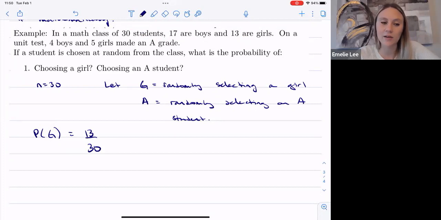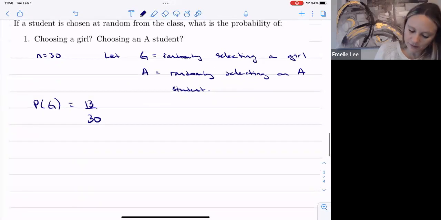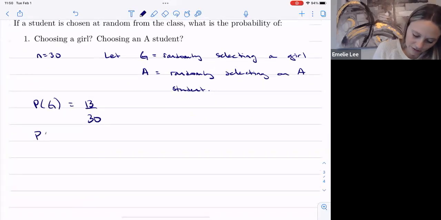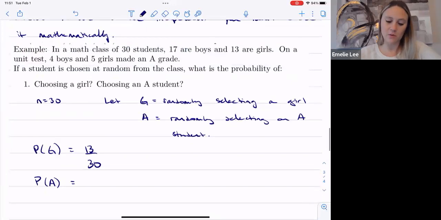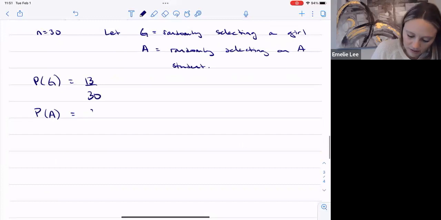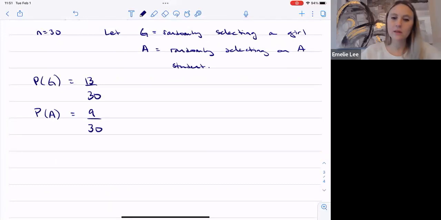You can, and a lot of questions will ask you to, but I'm going to keep the exact values for now, because I can tell they're going to be irrational numbers and I don't want to deal with that. So the probability of G is 13 over 30, and the probability of choosing an A student: how many A students were there? 4 boys and 5 girls, so a total of 9 A students. So 9 out of 30 got an A.